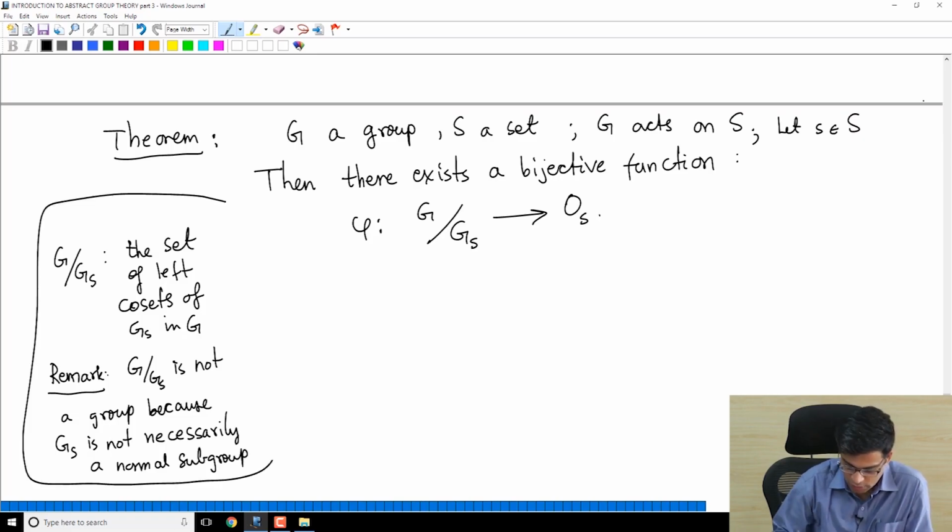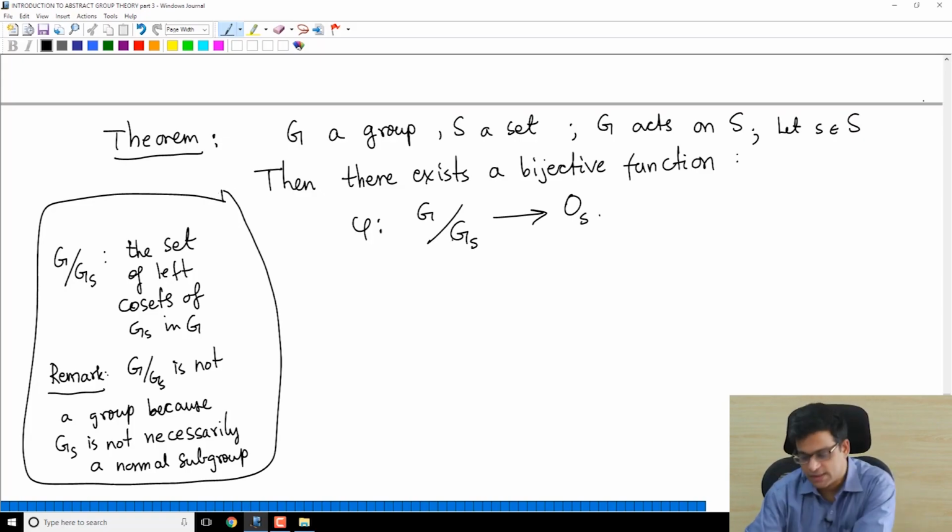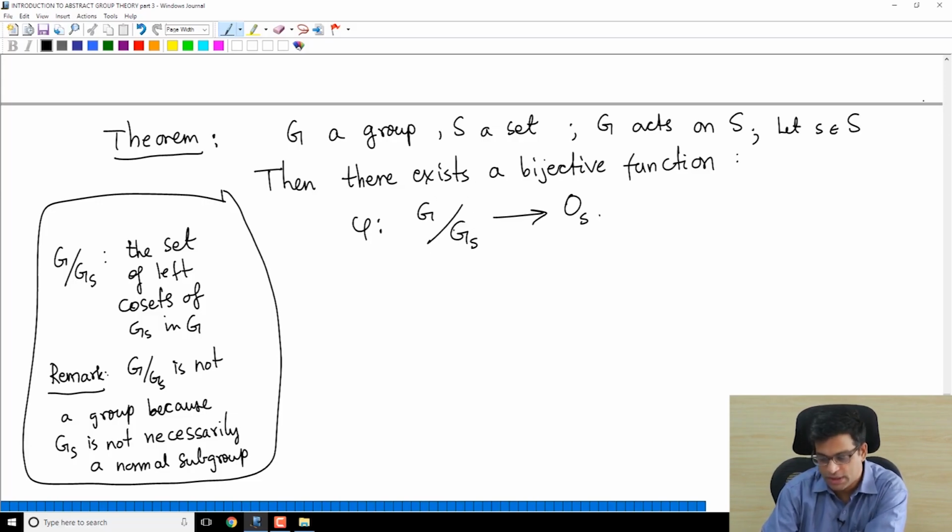So this is just a warning to you that when I write G mod Gs, typically it is used only when you have a normal subgroup and you consider the quotient group, but here I am using the notation for convenience to denote the left cosets of this subgroup in this group. Gs is a subgroup of G, not necessarily a normal subgroup. So in this theorem, you only think of G mod Gs as the set of left cosets.